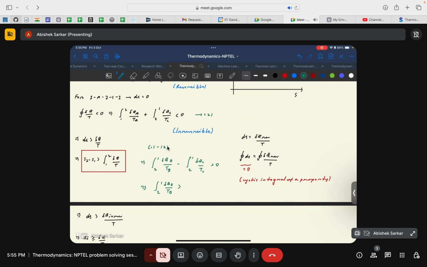So we are left with greater than integral of 2 to 1 del QC by TC.